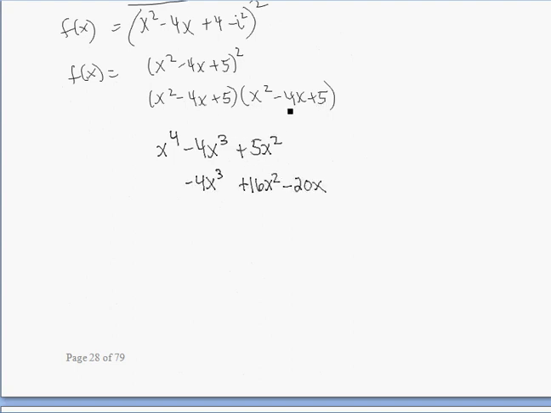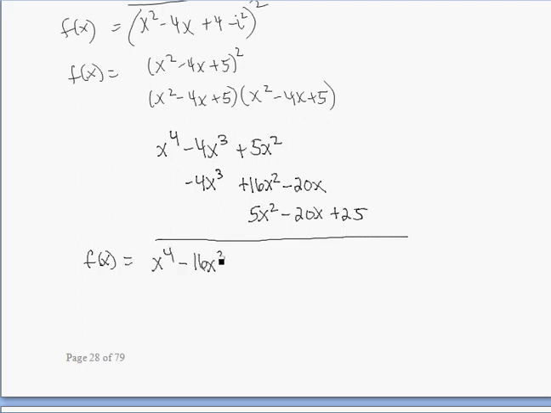There's my result of multiplying -4x by those three. So now 5 times these three terms. And collecting like terms, I get x to the fourth minus 16x cubed plus 26x squared minus 40x plus 25. Okay, so there's conjugate pairs and finding the polynomial given the roots and complex roots.